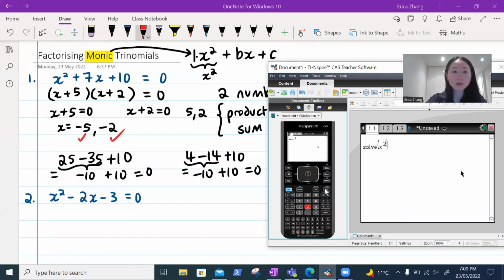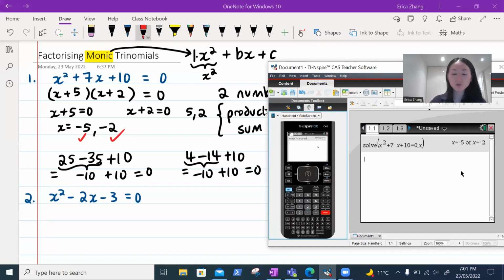So x squared plus 7x plus 10 is equal to 0. After you type in the equation, you have to tell the calculator what variable you want it solved for, which in this case is x, so comma x. Okay, and as expected, we get the same result as what we found by hand.